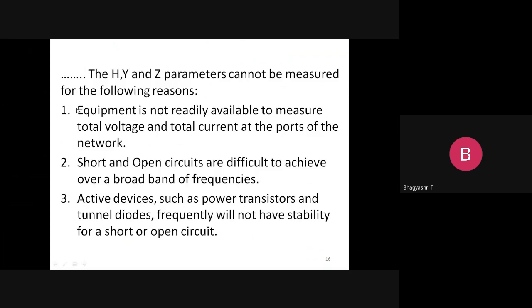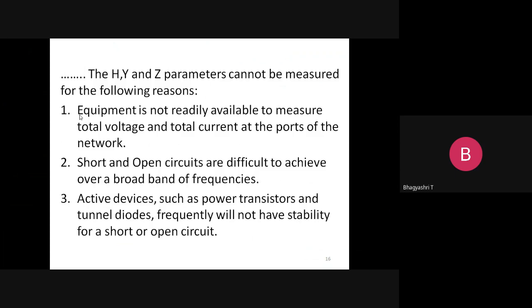So the first reason is, if you want to measure H, Y and Z parameters, how many pieces of equipment are we using? Voltmeter, ammeter, okay? Those are easily available in your labs.